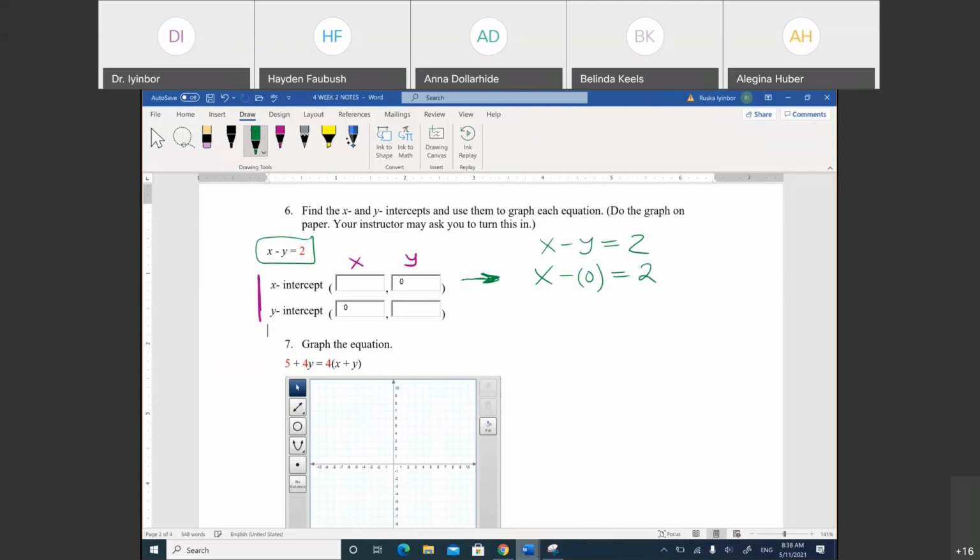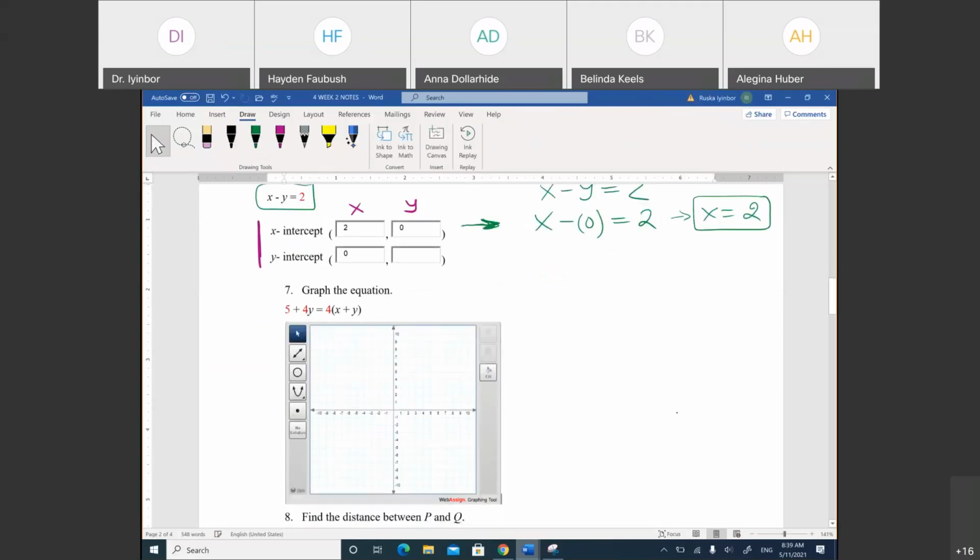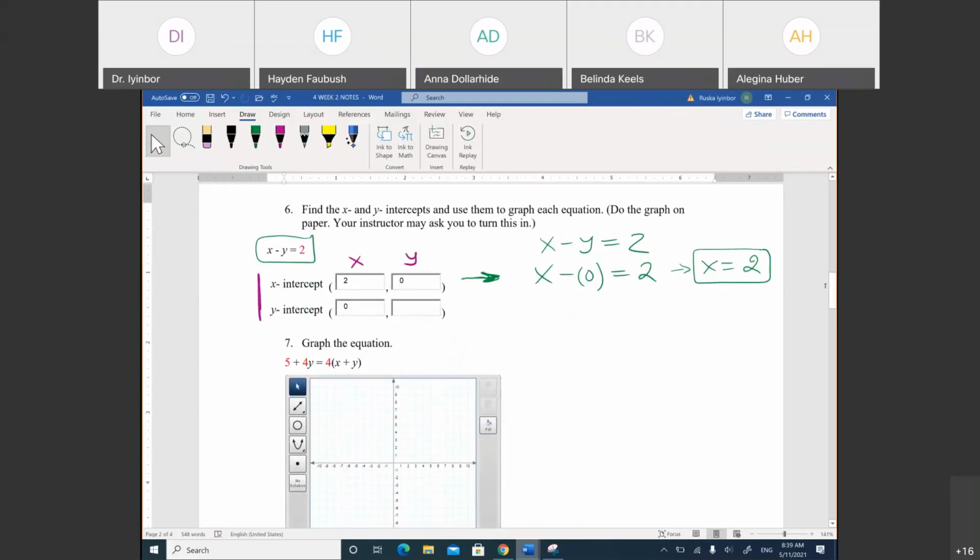Okay, like that. X minus, I plug in 0 for y, equals 2. And that just gives me x equals 2, right? So the place where you cross the x-axis is going to be at 2, comma 0. Okay? Everybody understand that? Yes, ma'am.